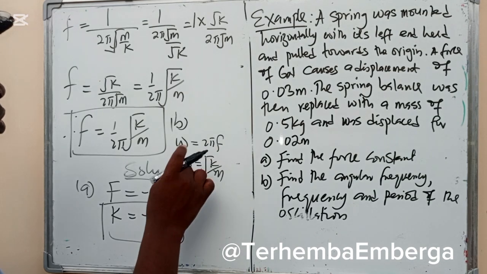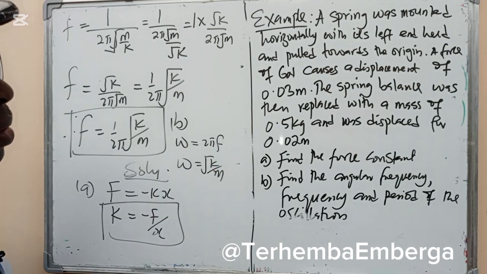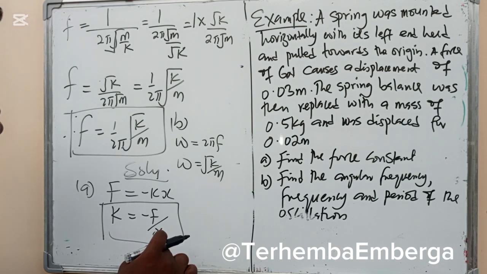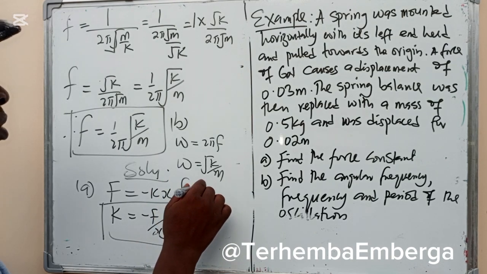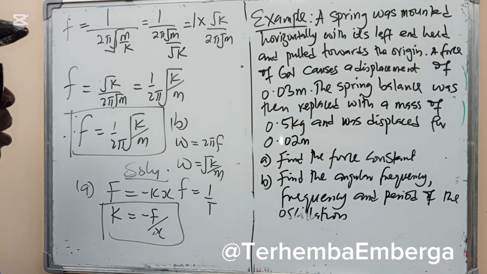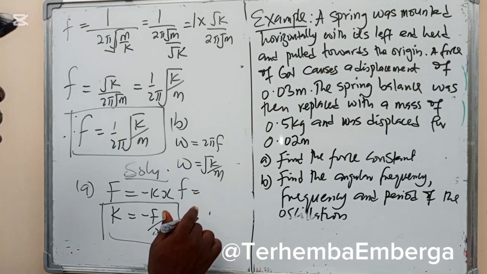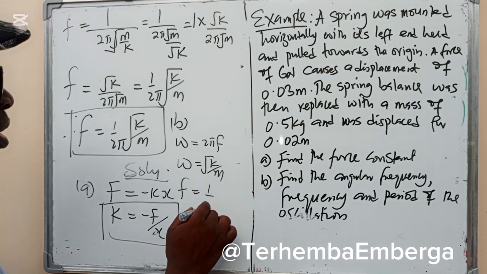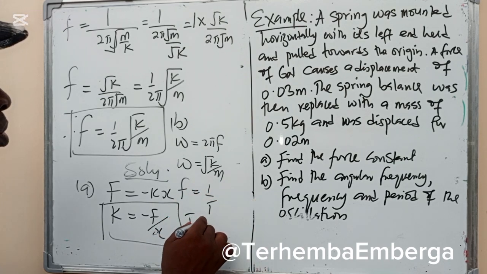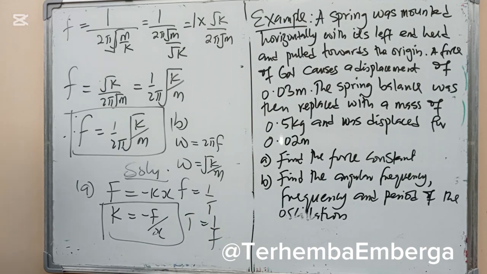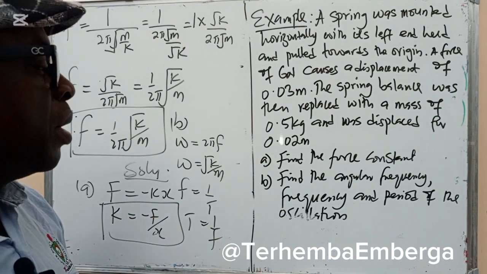So by the time you find this, you can calculate your angular frequency. And then your frequency f is equal to 1 all over t. Is that right? And then the period t is equal to 1 all over f. So if you do this, let me know.